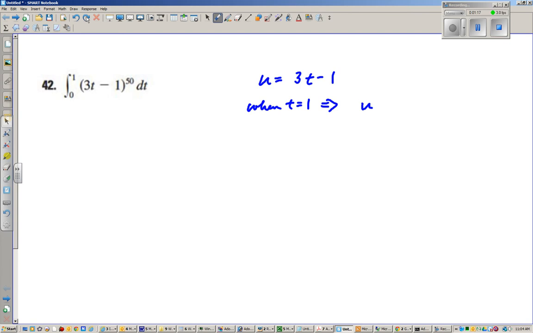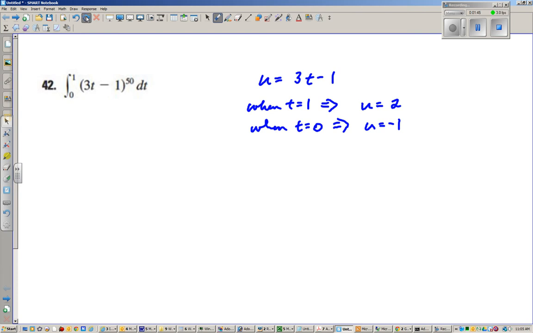And u, of course, is 3 minus 1, or u is 2. And when we put the lower limit in, 0, we can now make a calculation that u is going to be negative 1. So we're going to recast not only the integrand, not only the operator written in u, but we're also going to recast our upper and lower limits.